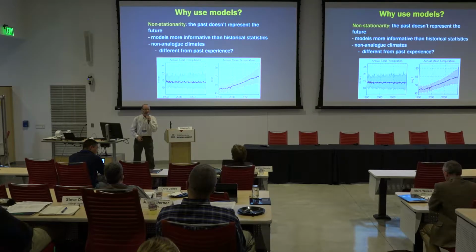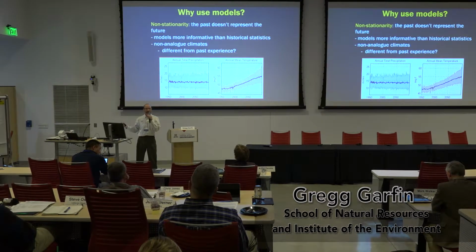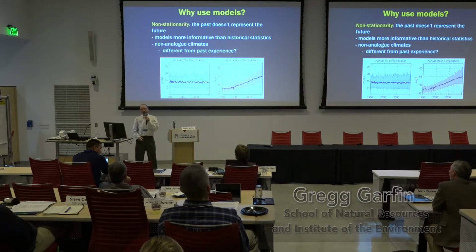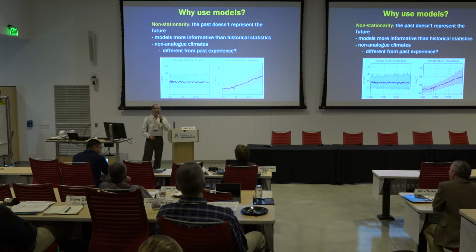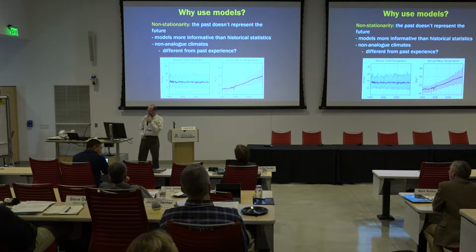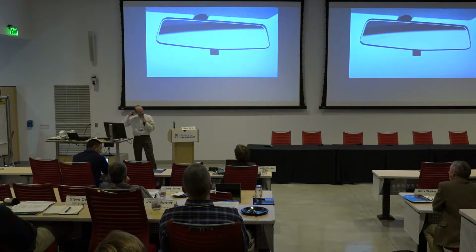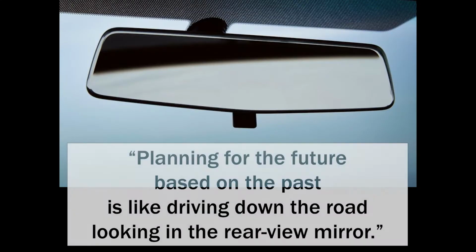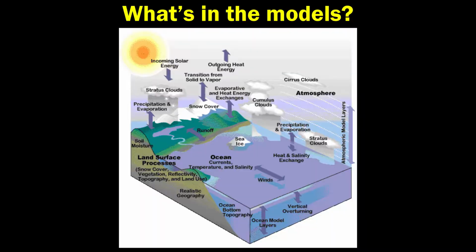So models will provide more information than historical climate analogs, and we may end up in some novel climates, so-called non-analog climates, and models are going to be the only way that we're going to get to understand those climates. So as my colleague Catherine Hayhoe is fond of saying, planning for the future based on the past is like driving down the road only looking through the rear view mirror.